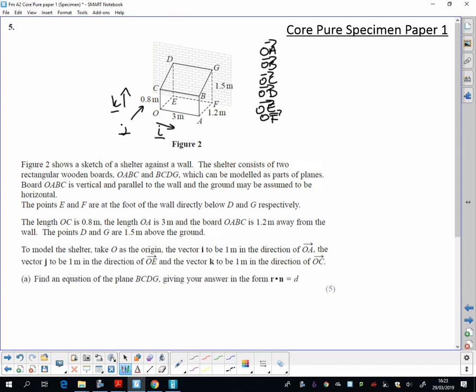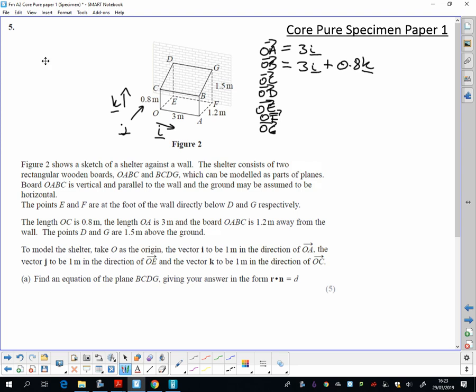O to A is just going to be 3I, because that's just 3 in the I direction. O to B then is going to be along O to A, and then we're going to go in the K direction, and if you look at the diagram, we're going to go 0.8 meters up.